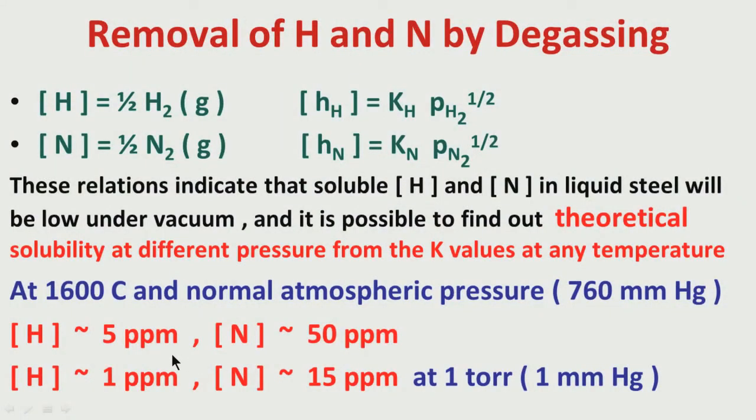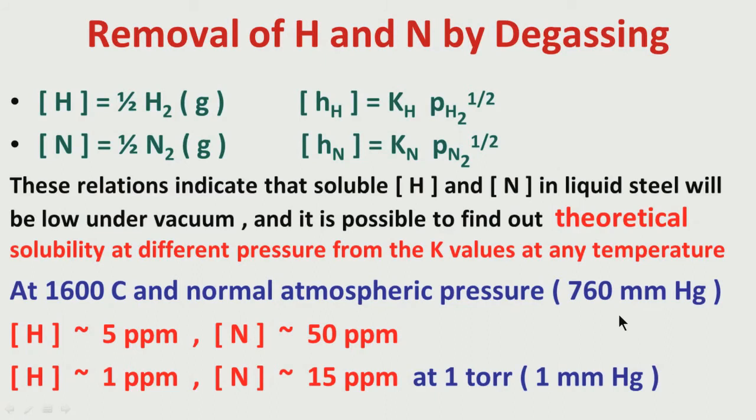applications. So, I have just tried to give you an indication of how by using vacuum we can get a relatively good amount of degassing. The dissolved hydrogen and nitrogen can be brought down by using vacuum.